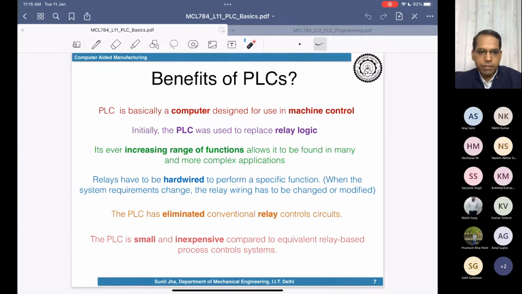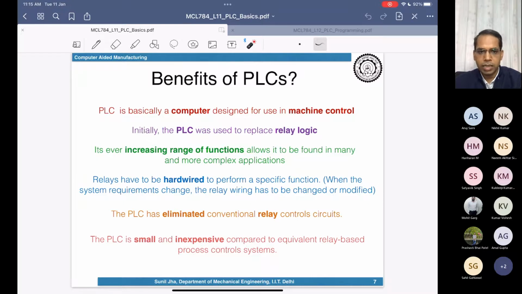Now, I will just run through the benefits. We're not going into too much detail on that. As you understand, it's programmable, so you will be able to control the functions. These benefits are explained with respect to relay logic. Relay logic is mostly a hardwired system, so you make electrical circuits and then make the logic to operate.